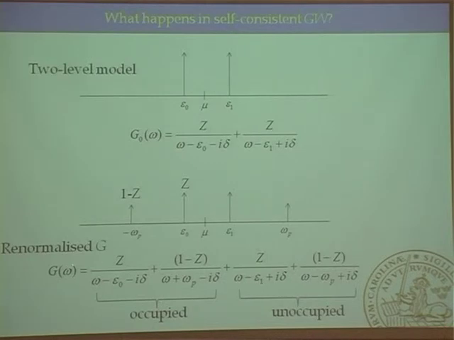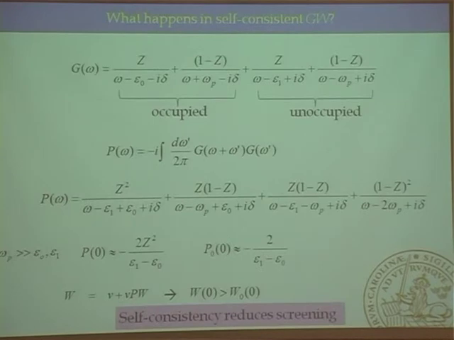So I can calculate the renormalized Green's function, and now it has 4 terms, 2 for the occupied part and 2 for the unoccupied. It's a very simple model. I just want to understand what happens when we renormalize the Green's function. I can then calculate the polarization, which is just a product of two Green's functions.